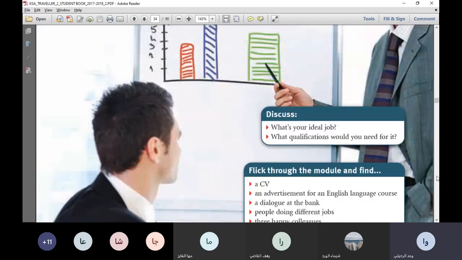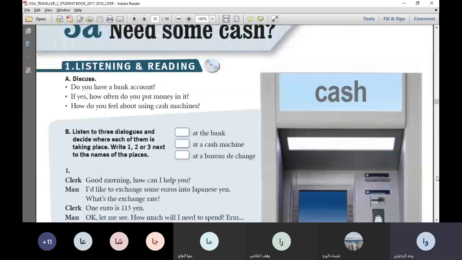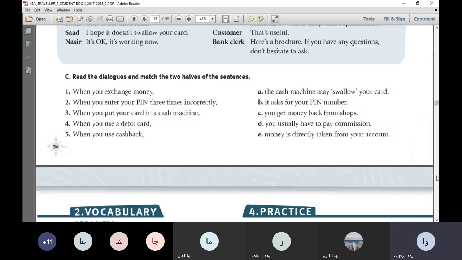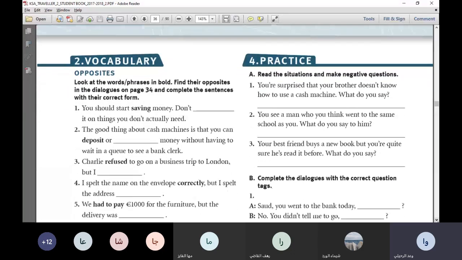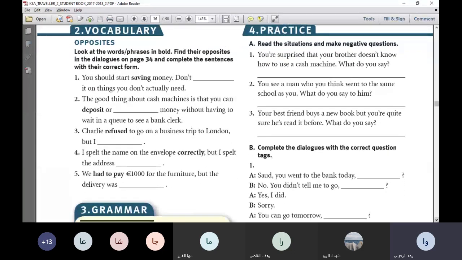As you know, you're going to study the vocabulary and the grammar, and if there is vocabulary in the reading, then of course you need to study it. If you remember, I told you this vocabulary is very important. We have a word in bold, and you're going to know the opposite of this word.